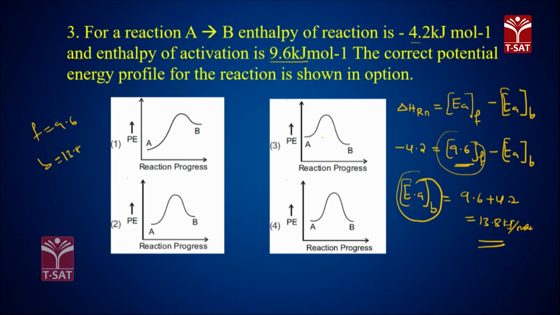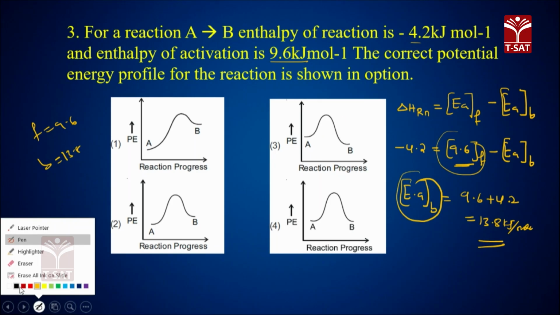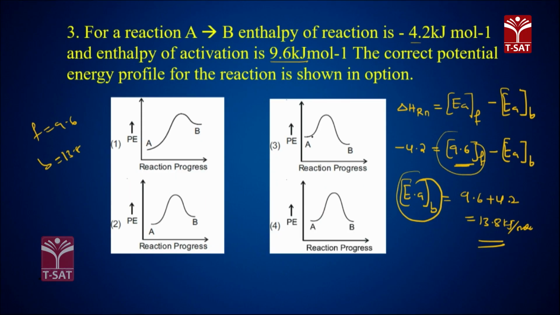See carefully, I am writing here with a black pen now. So, this is the activation energy of the forward reaction, which is 9.6 here. For the backward reaction, this is the activation energy of the backward reaction, which is 13.8. And this is an exothermic reaction. Why is it exothermic? The enthalpy of products is less than the enthalpy of reactants.